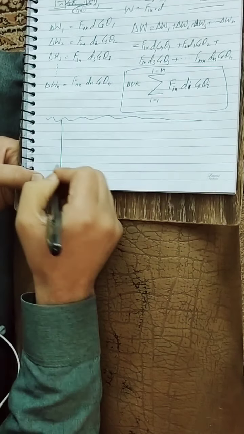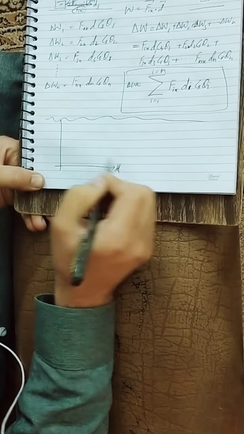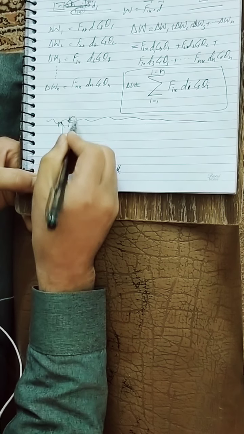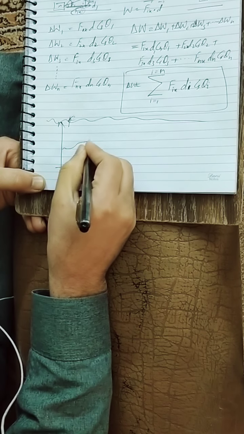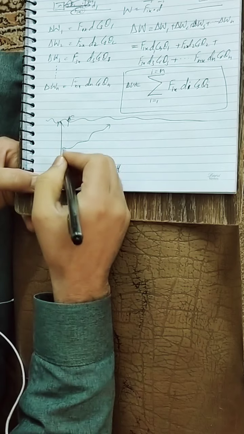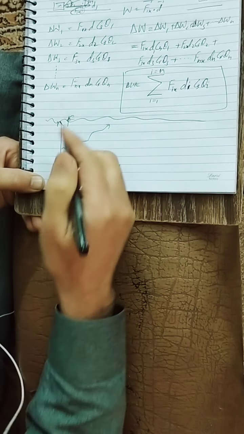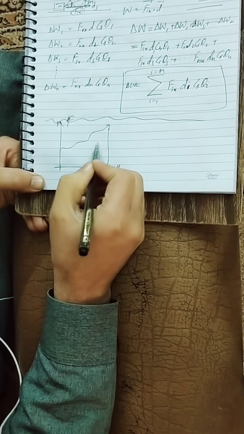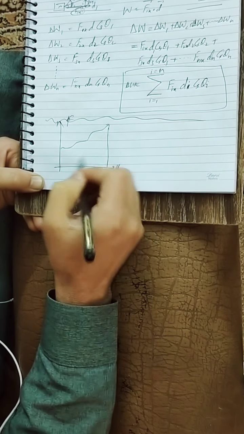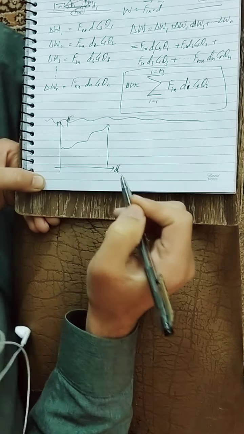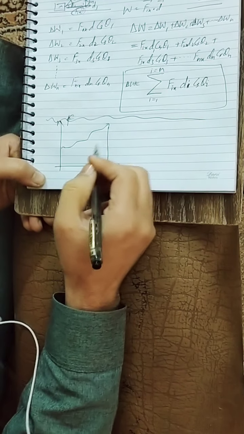Look at the graph of this force. The graph of this force is not a straight line. It is gradually increasing or gradually decreasing. If you want to find the area of this graph, it will give the work done, and that will be the work done by the variable force.